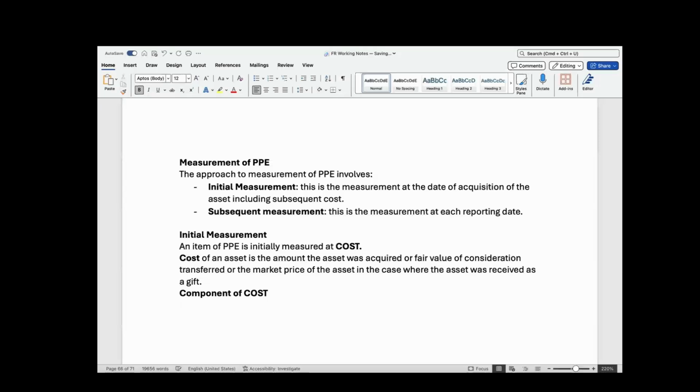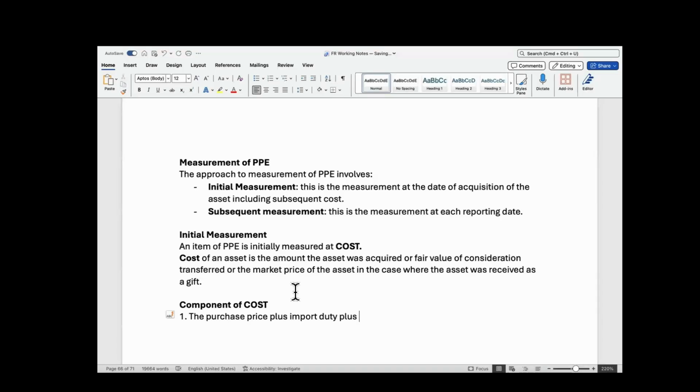Now, when we say cost, what comprises the cost of an asset? Number one is the purchase price. But if you are importing the assets, the purchase price will include import duty. So plus import duty.